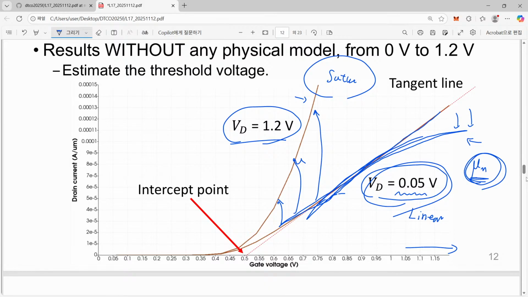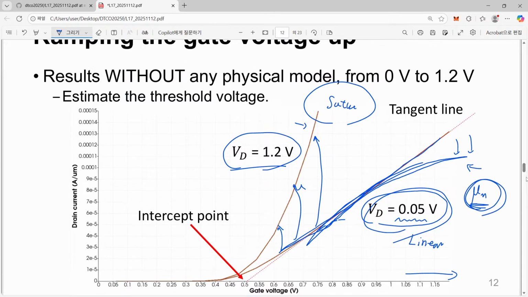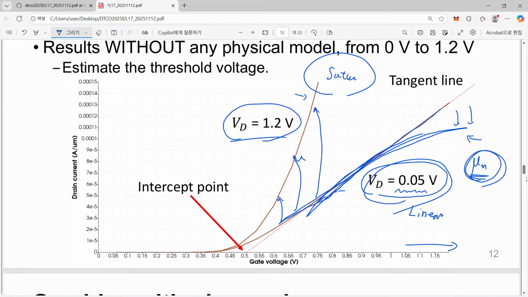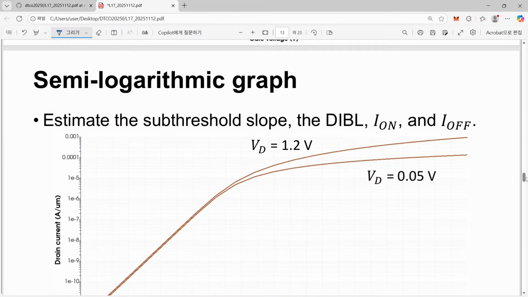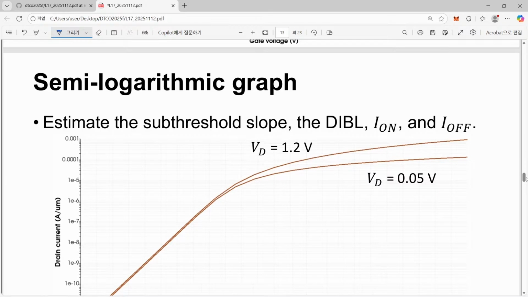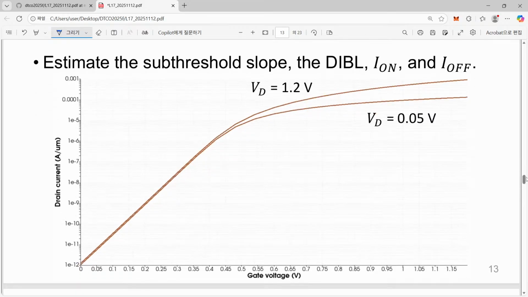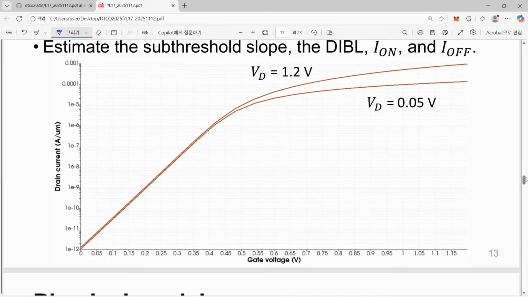Well, anyway, now we have two different curves. But the real importance of this curve is not seen in this scale, but in this semi-logarithmic scale. In my opinion, if we have to select only one single graph from the MOSFET's IV characteristics, this is the one we have to draw: drain current as a function of gate voltage, but with two different drain voltages.